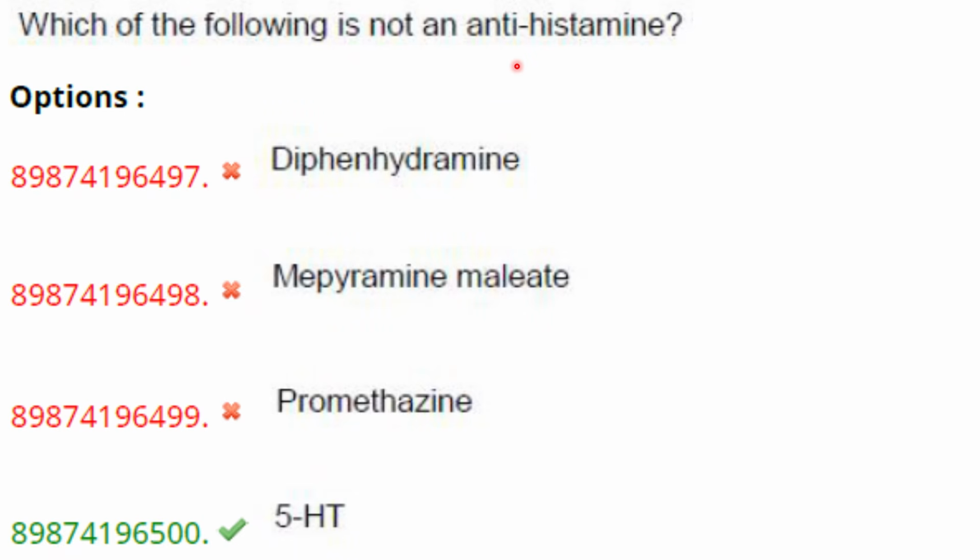They release certain histamines which will result in an allergic reaction. So out of these, 5-HT is not an antihistamine. It is the chemical name for serotonin. 5-HT is 5-hydroxytryptamine, and it is a neurotransmitter. So it is not an antihistamine, whereas the other 3 are antihistamines.